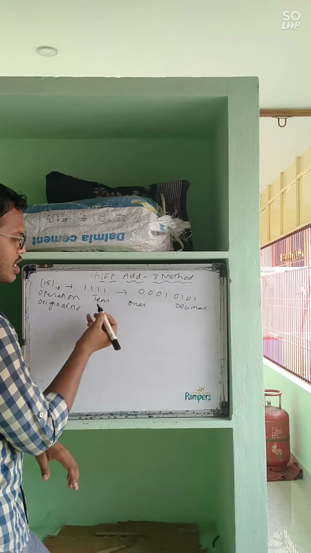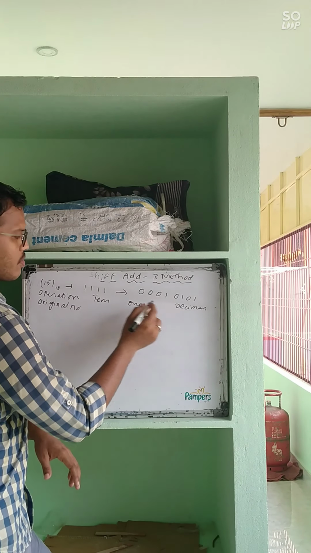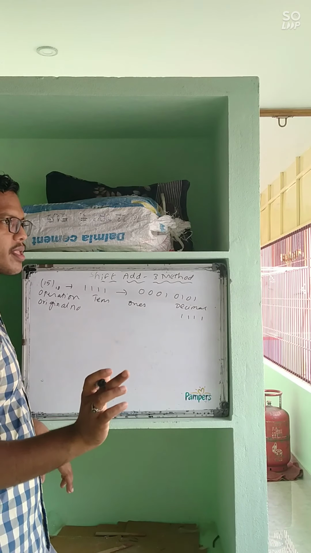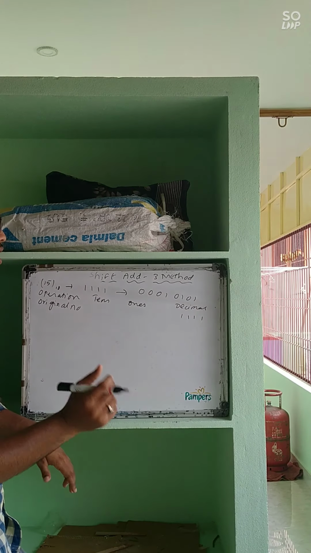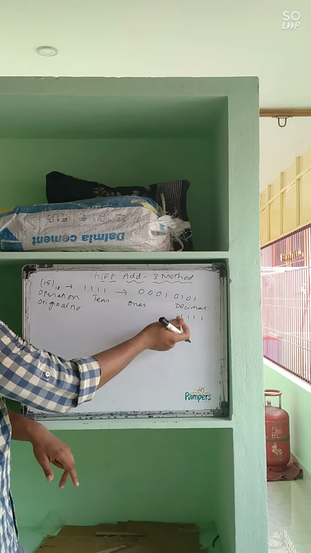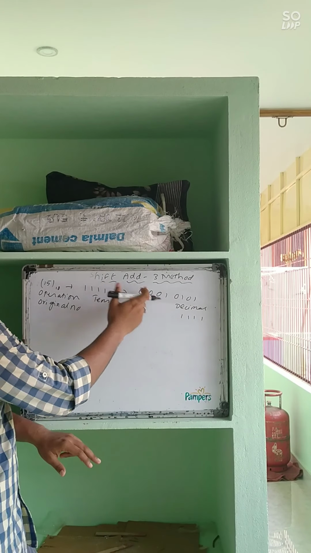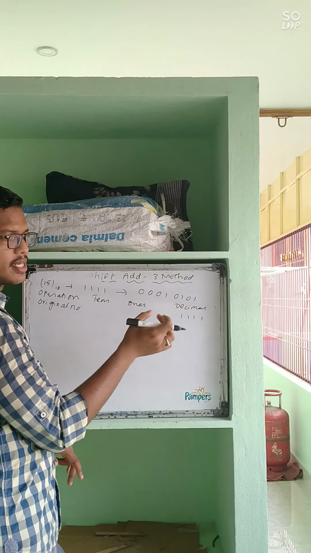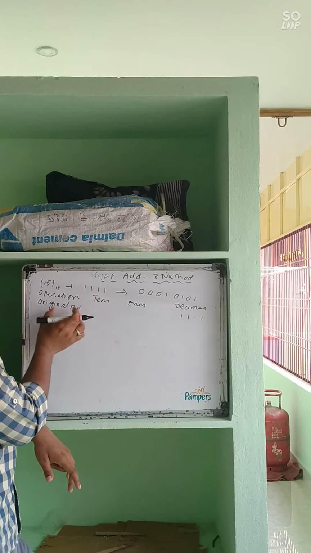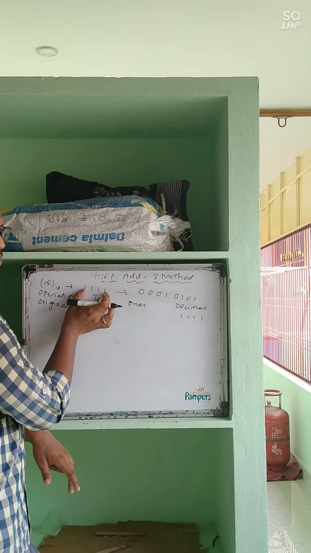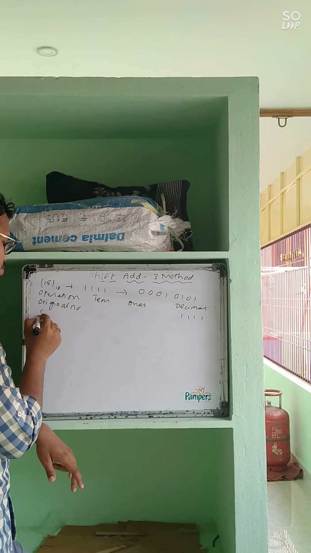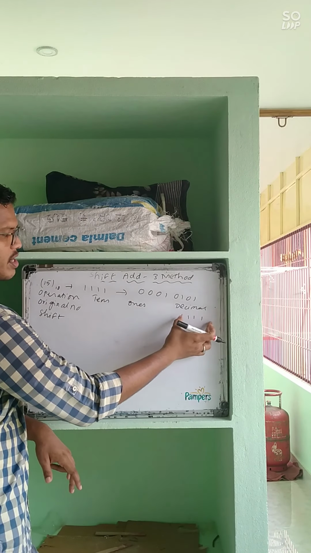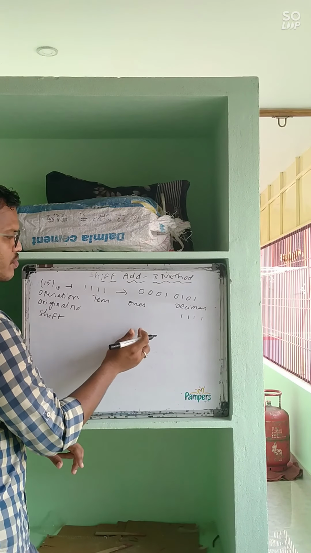The original number is 1111. The shift add 3 method is used to convert a binary number into decimal BCD, right? So our original number is a binary number. First we have to shift the MSB of the given number to the left side. We get 1, which is less than 4, so again we shift to the left side.